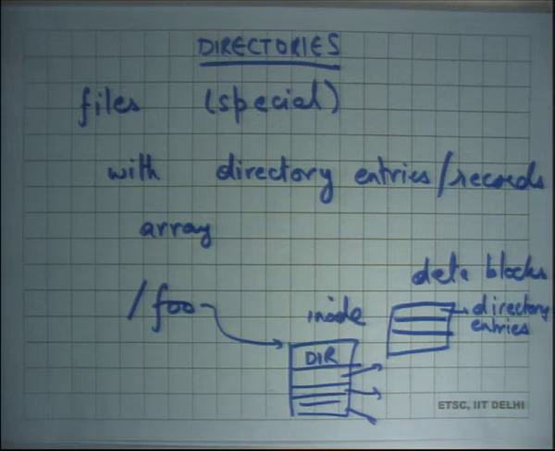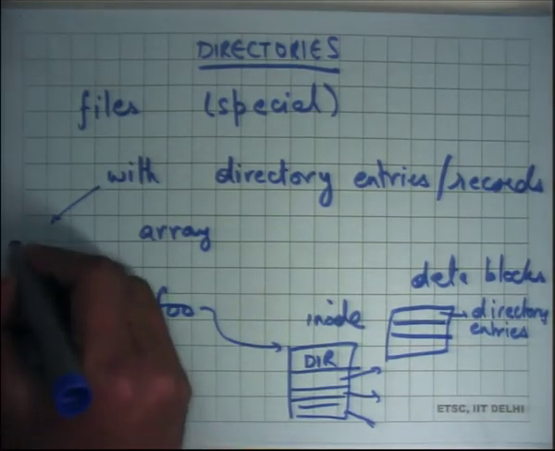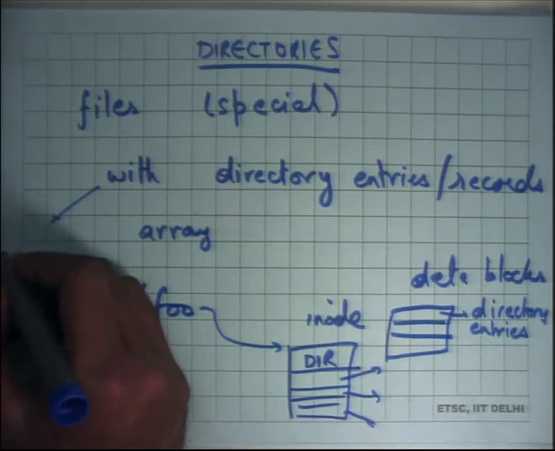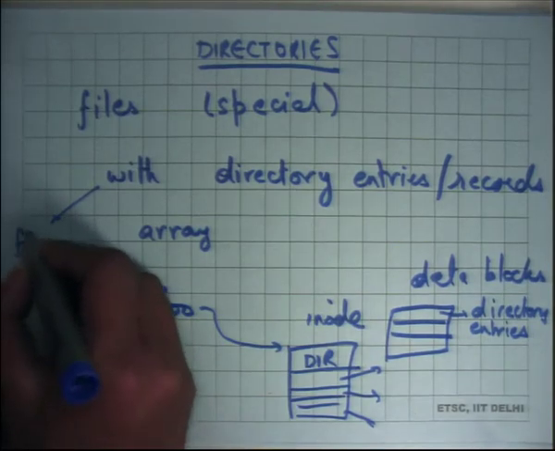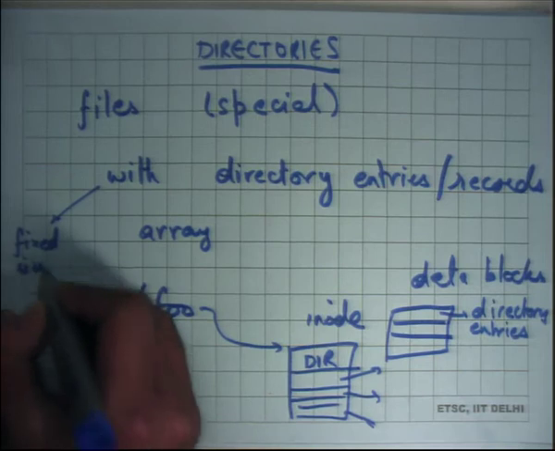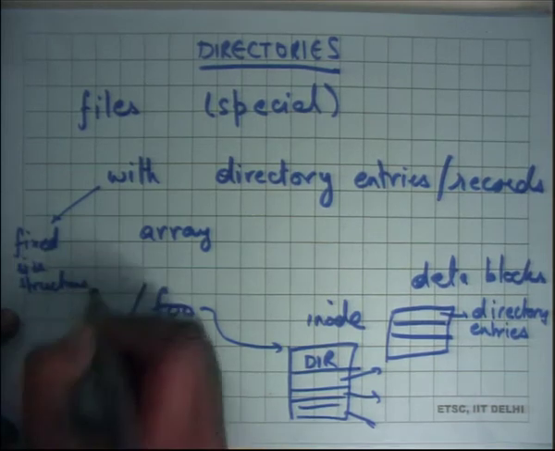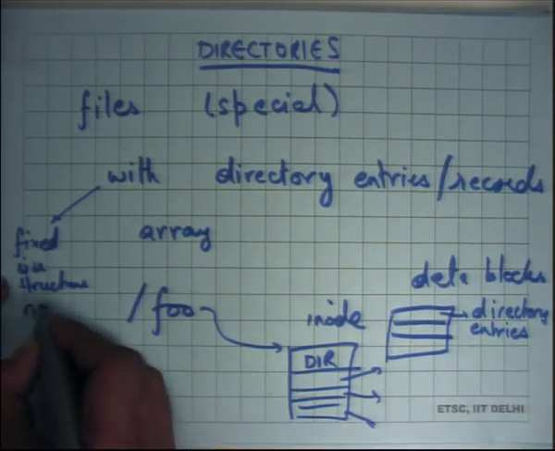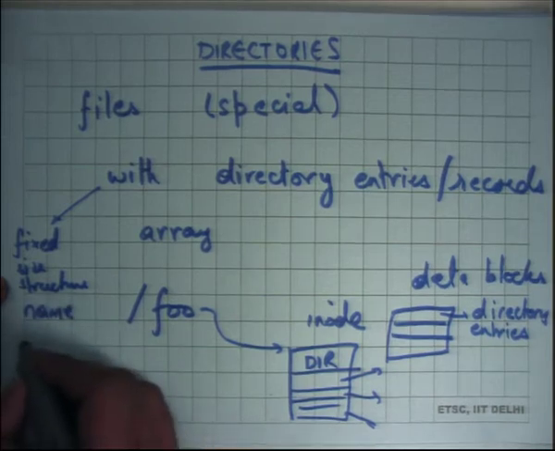And directory entries on XV6 are represented by a fixed size structure which contains two fields, name and inode number.